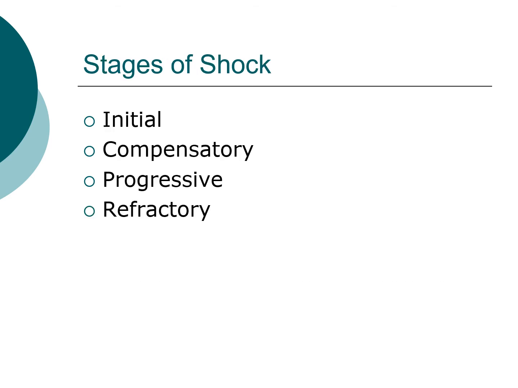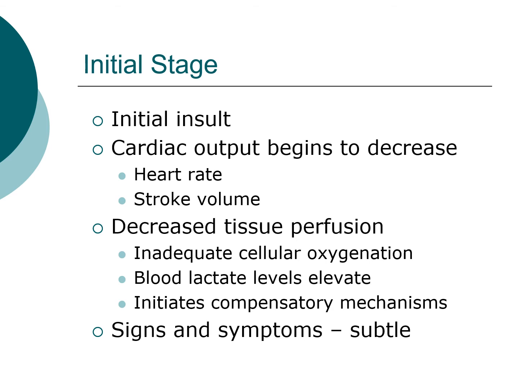So all classifications of shock go through a variety of stages. There's initial, compensatory, progressive, and refractory. And you can kind of tell or anticipate what's going to happen in the stages just by the naming of the stage. Our initial stage is like the event that starts the shock out. So it's our initial insult. You can see that there's a cardiac output disturbance.